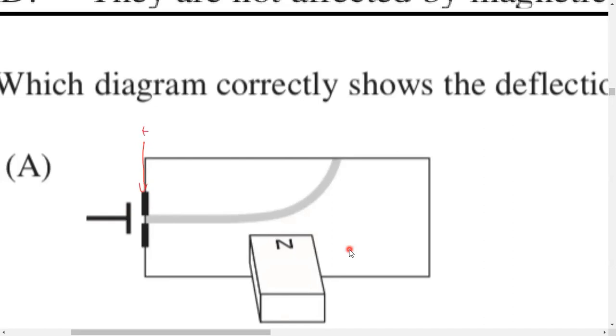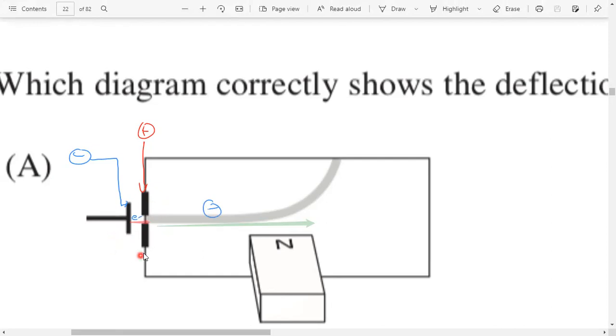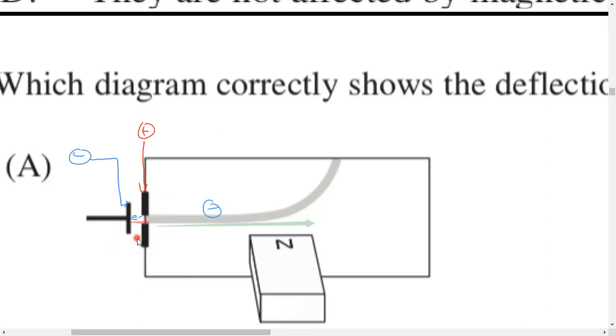This is our positive end, this is our negative end. They've left out details. Your electrons are emitted here, and as a result you want them accelerated to the right. So your electron is heading rightward, which is what I expected. Collectively, this is an electron gun, of which they've left out the details.